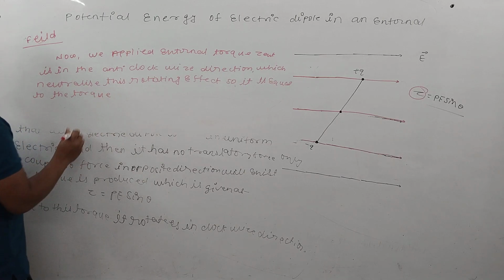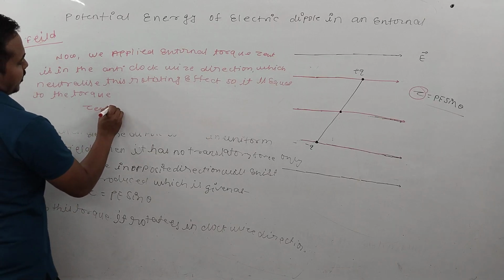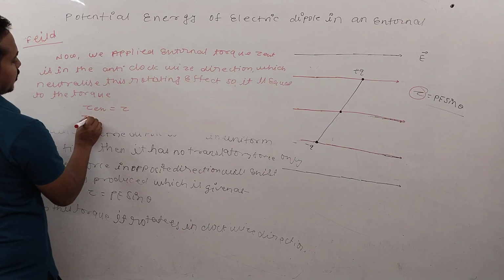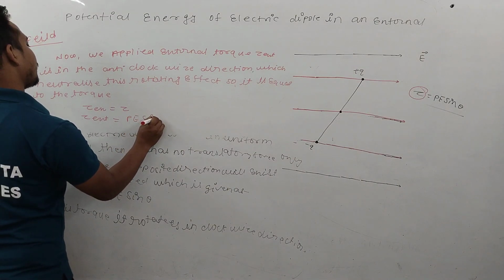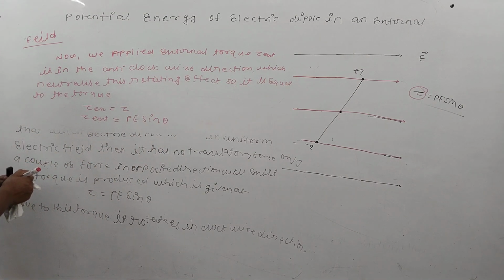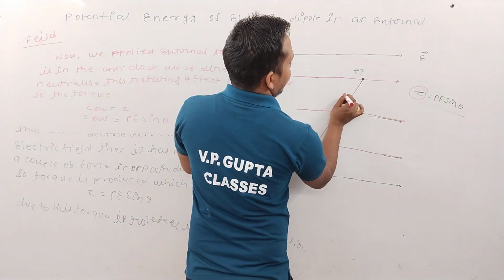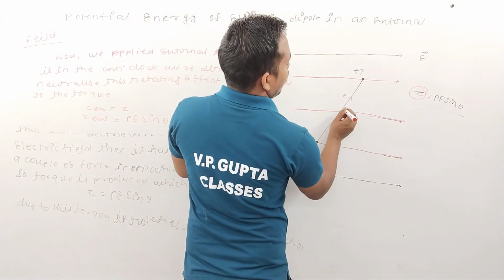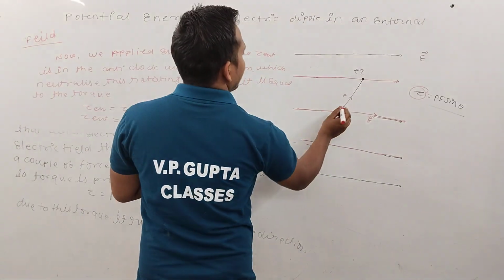Okay, that means tau ext is equal to tau, that is tau ext is equal to Pe sin theta, and theta is the angle between electric dipole moment and electric field intensity.